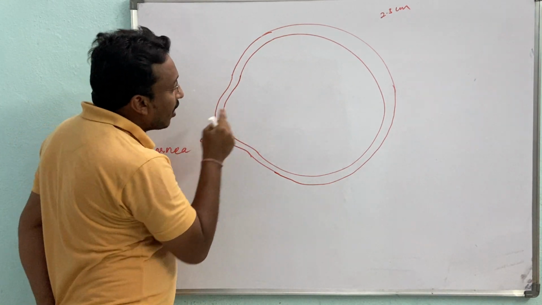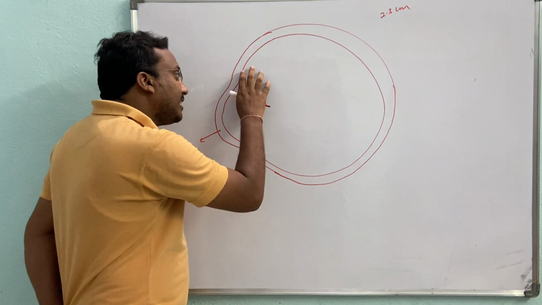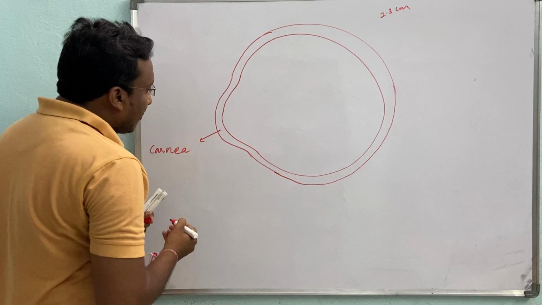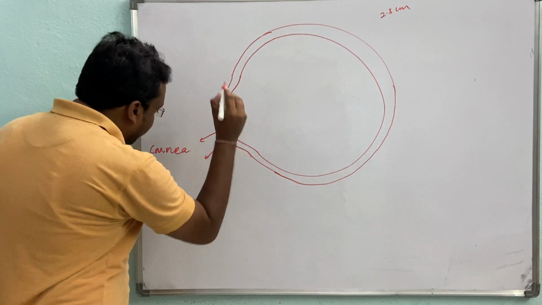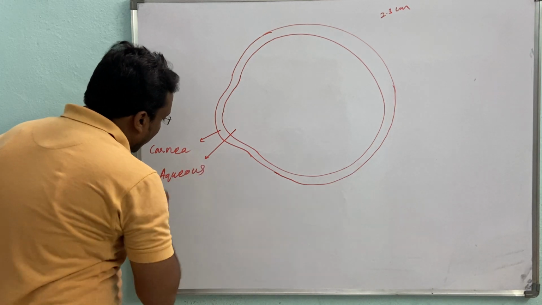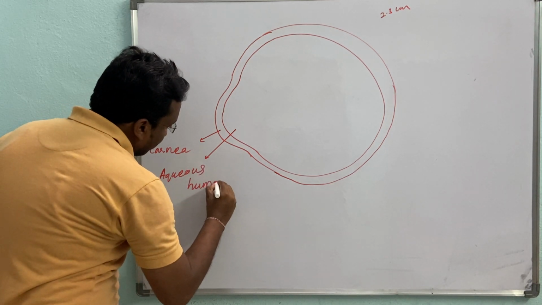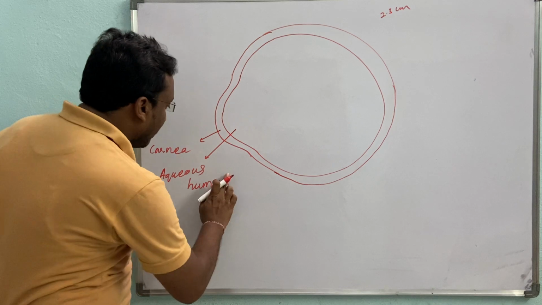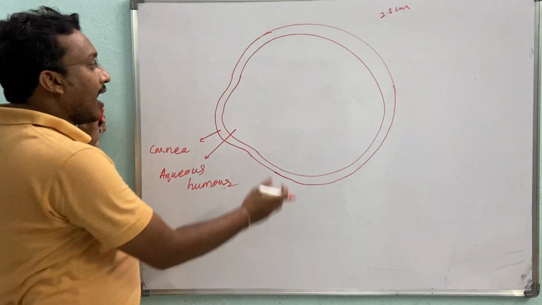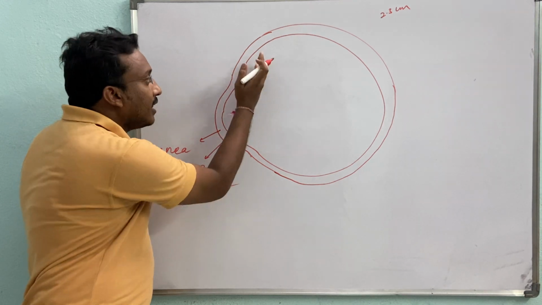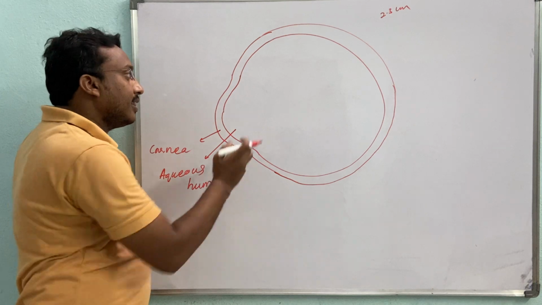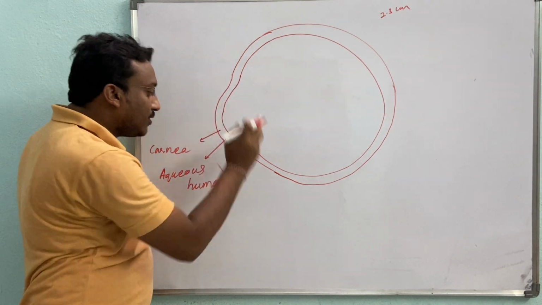Behind the cornea, the place is filled with a liquid called aqueous humor.